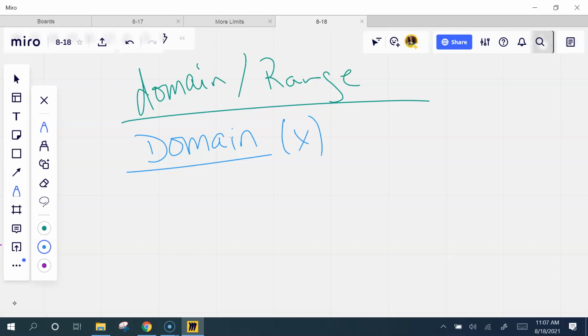If you are simply given the equation, how do you determine domain without graphing? What are you looking for? Two big things. Any kind of equation, what would restrict the domain? What would keep us from having certain values in the domain?